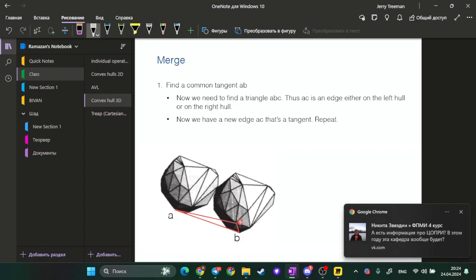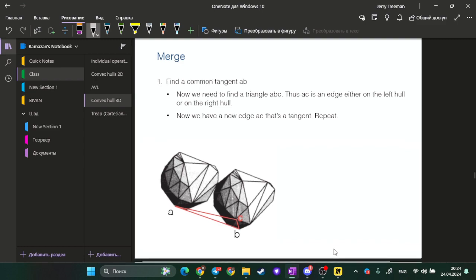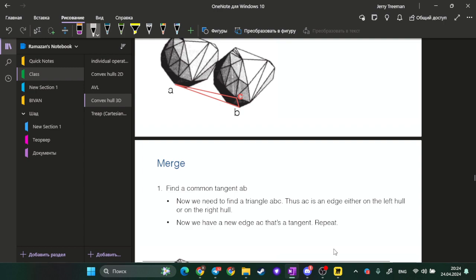Thus AC is an edge on the left hull or on the right hull. Okay. Now we have a new edge AC that's tangent, repeat.